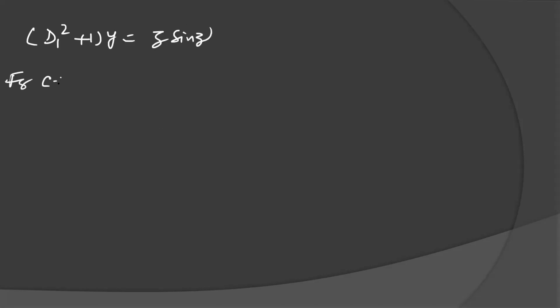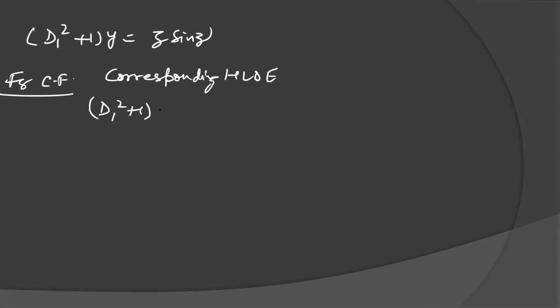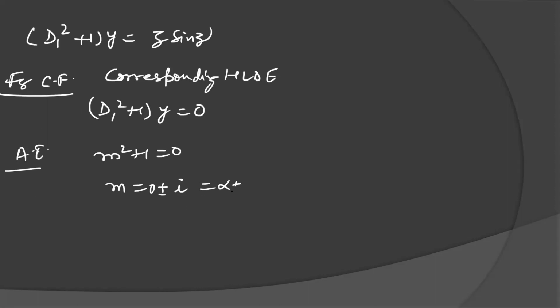For the complementary function, we will write the corresponding homogeneous linear differential equation, that will be (D1 square plus 1) y equal to 0. Now its auxiliary equation will be m square plus 1 equal to 0. So m is going to be plus minus iota. We will compare it with alpha plus minus i beta, so alpha equal to 0, beta equal to 1.